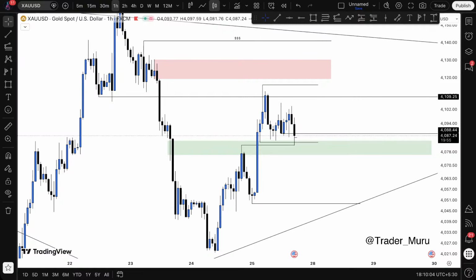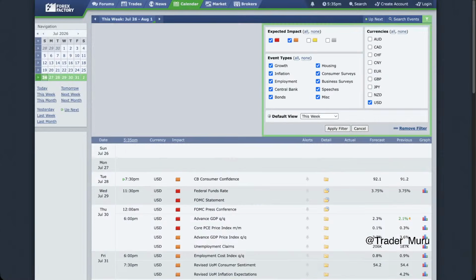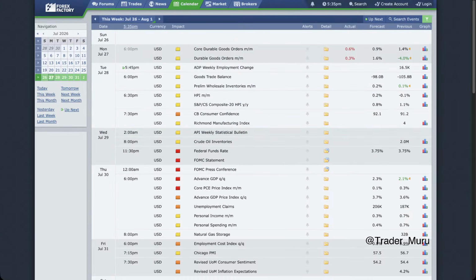Sir, news is out, is it negative or positive for gold? Yellow folder news or what? We don't have any major news today, so I have not put it on my chart.